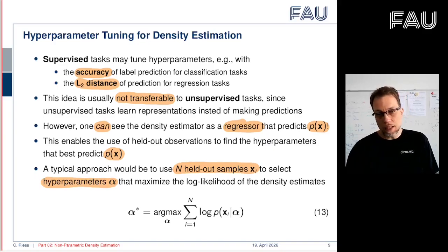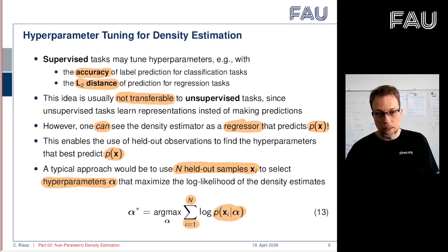And then we can just say, let's maximize the log likelihood of the density estimates for these held-out samples. So we have the n held-out samples here. P is the estimated density, using our hyperparameter alpha.